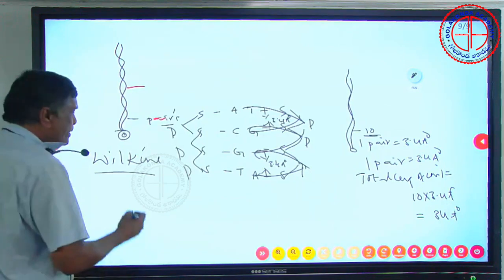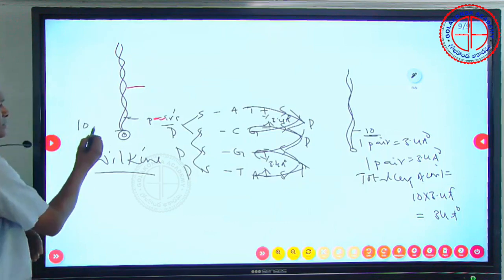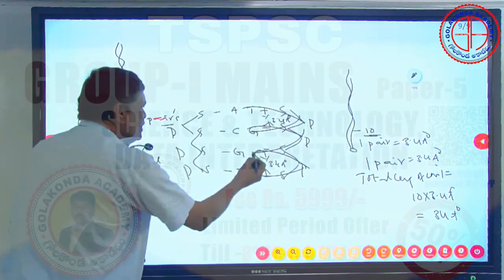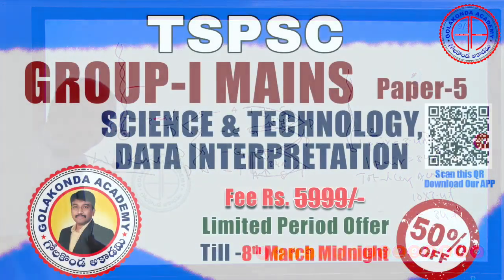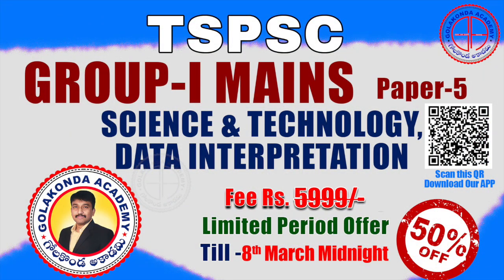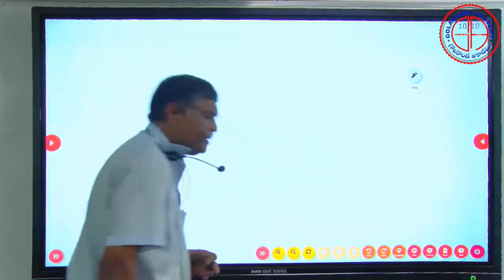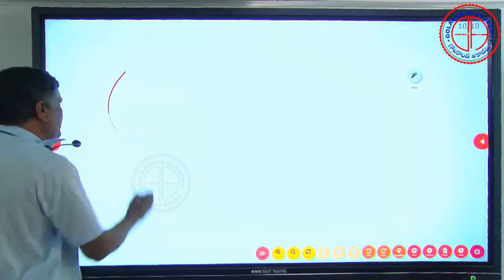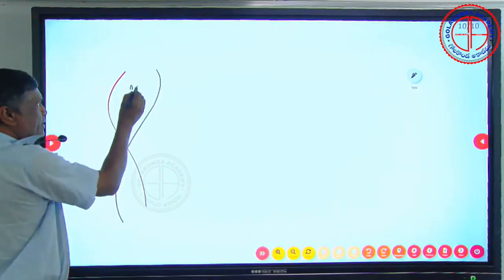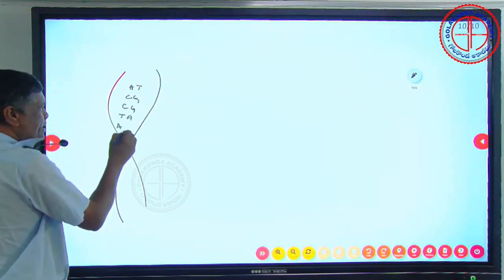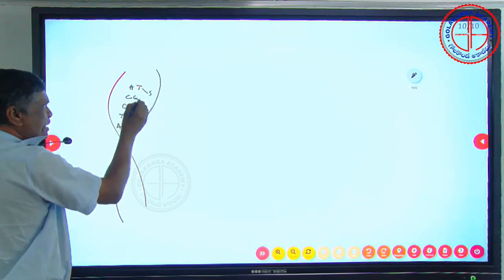Then, in a coil, how many pairs? 10 pairs. What is the angle between these two orderly nucleotides? AT, CG, GC, TA, AT, like this. Sugars and phosphates are there.